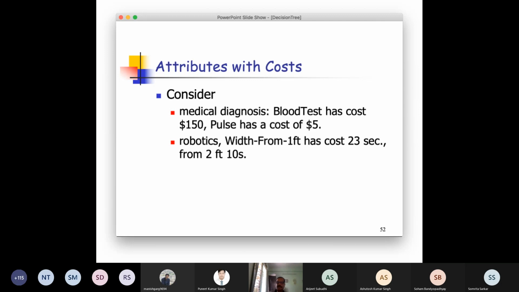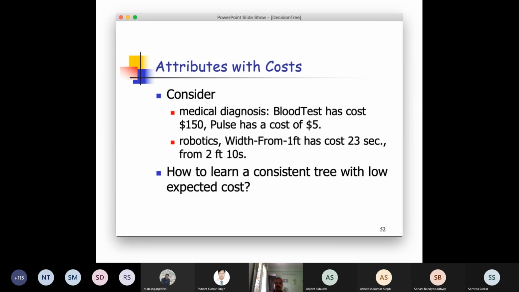One kind of test may cost, say, 150 rupees, another costs 5 rupees, simply pulse checking versus a blood test. If you can do most of the tasks using pulse checking, we may prefer that. But in your model, you have to select one of them. So we should learn a consistent tree with low expected cost. That is what we are trying to achieve.